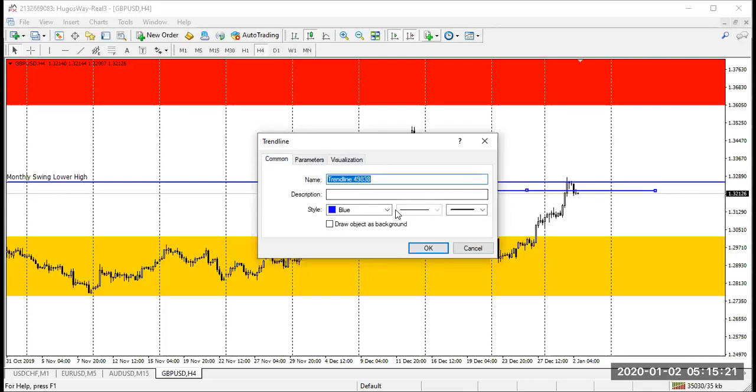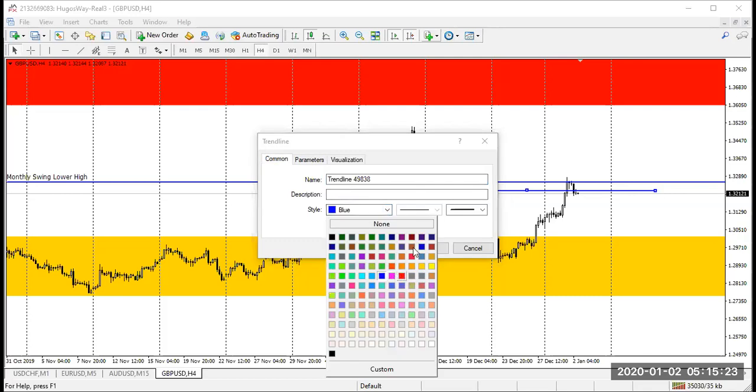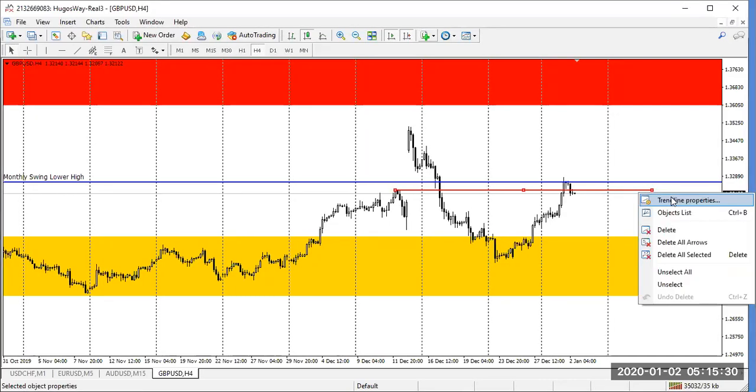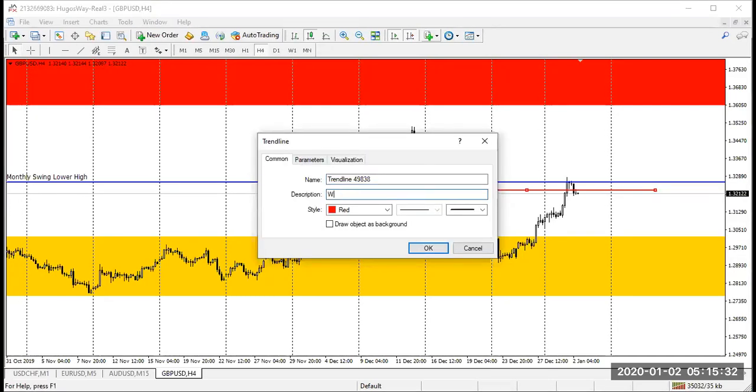And we'll of course change this color as well. It's on a lower time frame. All right, and I'll actually mark this off as a weekly resistance.